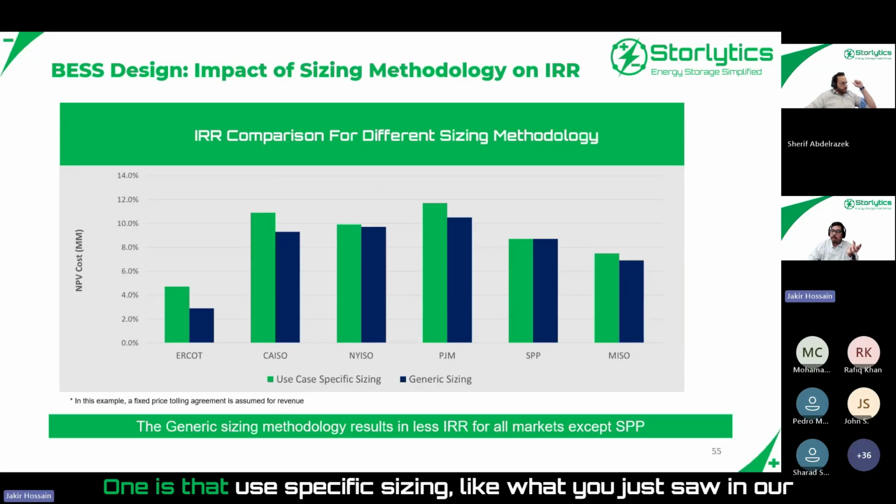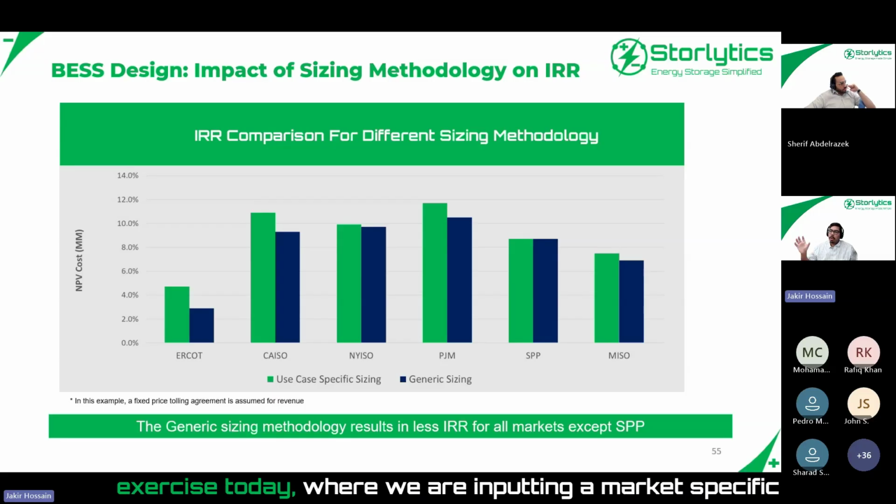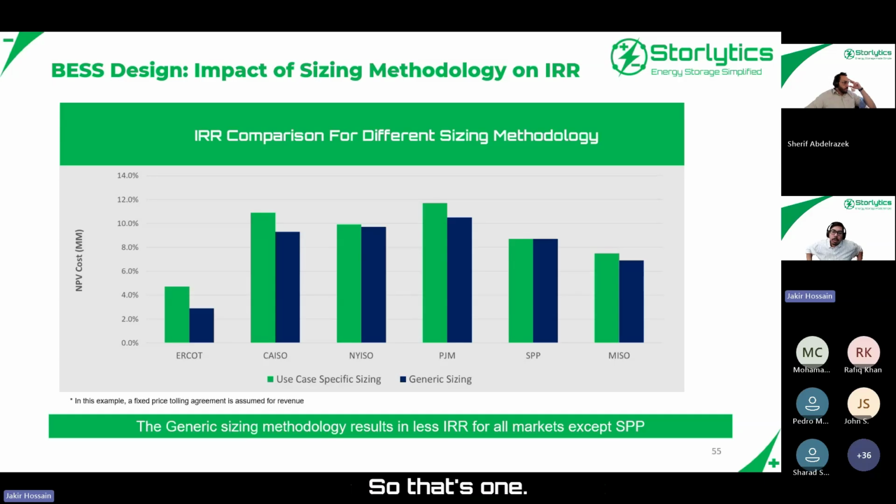One is use case specific sizing, like what we just saw in our exercise today, where we are inputting a market specific signal, versus generic sizing, where you're not inputting a market specific signal, rather just saying, I'm going to do a 1 cycle per day battery. Generic sizing is the blue one, and the use case specific sizing is the green one.